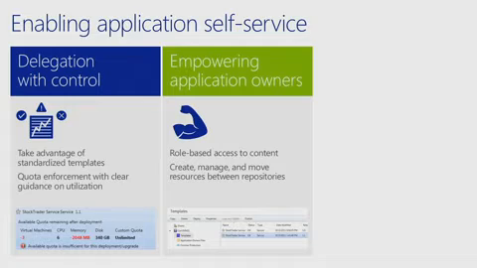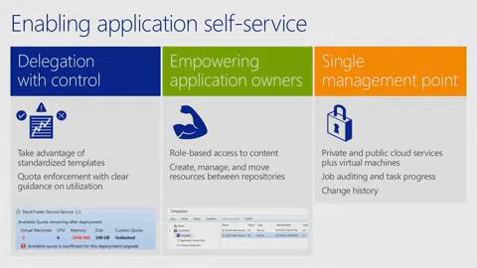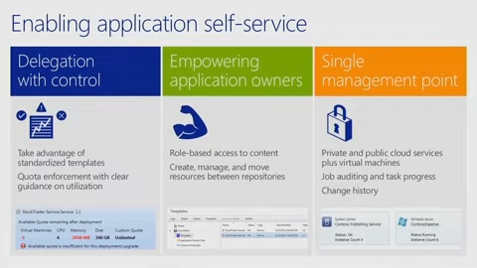We can replicate and manage that whole process to ensure that when you're deploying from your European infrastructure, you're not using templates that are solely based in the US, because that would take a long time. And there's a single management point. So System Center is giving that single management point for looking at your infrastructure that's on-premise, managed by VMM, and also applications and services that are running in Windows Azure as well.